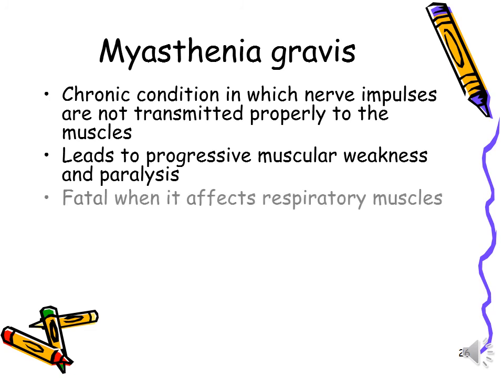Myasthenia gravis, chronic condition in which the nerve impulses are not being properly transmitted to the muscles. And this is going to lead to progressive muscle weakness and paralysis.